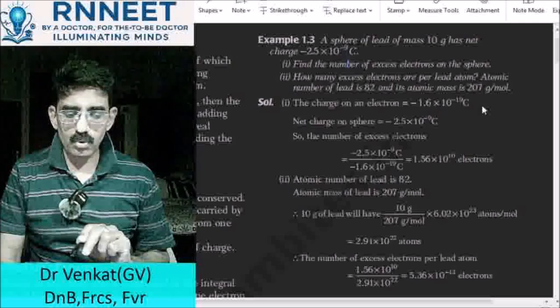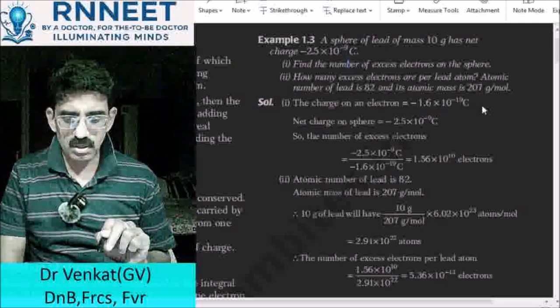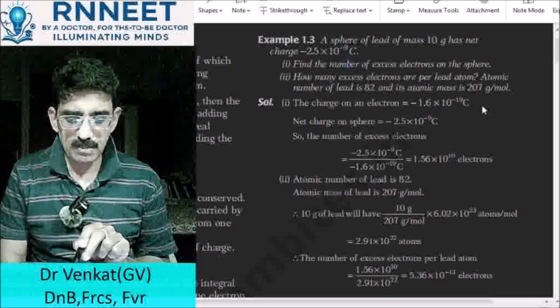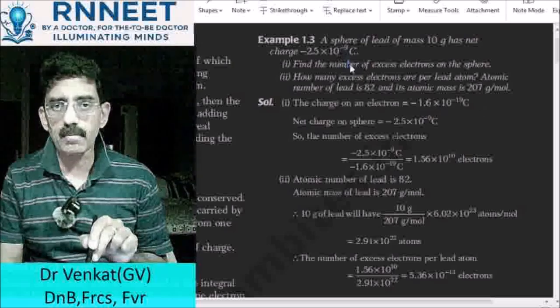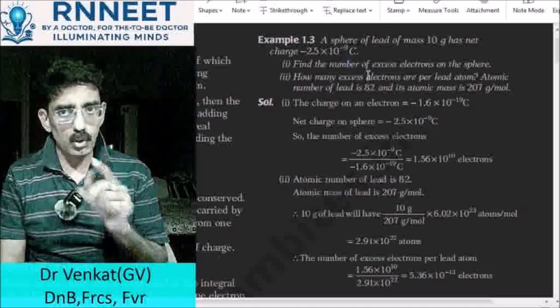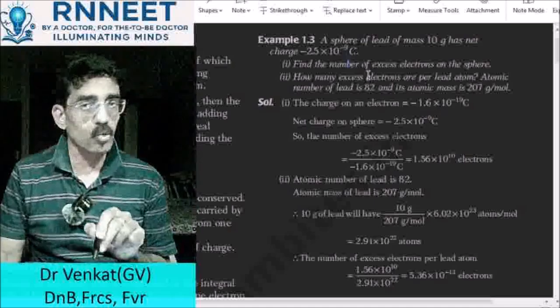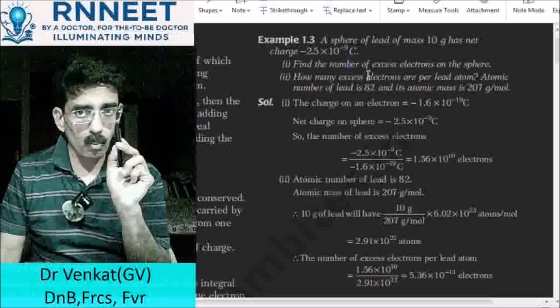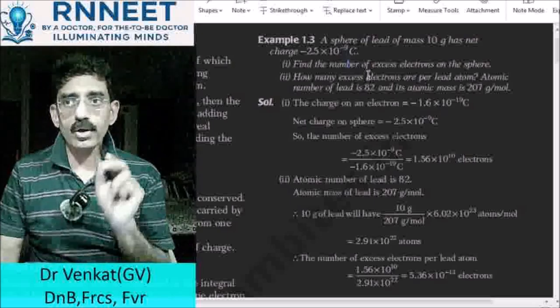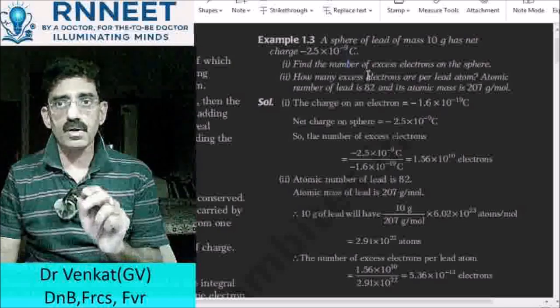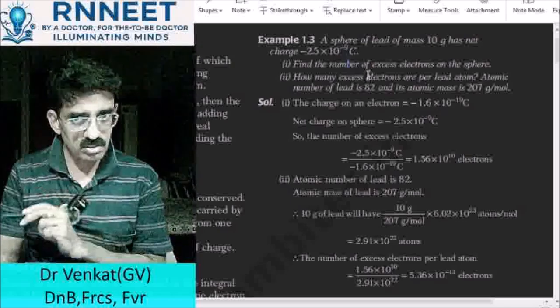Right. Now let us analyze this question. A sphere of lead of mass 10 gram has a net charge of minus 2.5 into 10 to the power minus 9 Coulomb. You know that for a net charge of 1 Coulomb, you have 6.25 into 10 to the power 18 electrons, right?